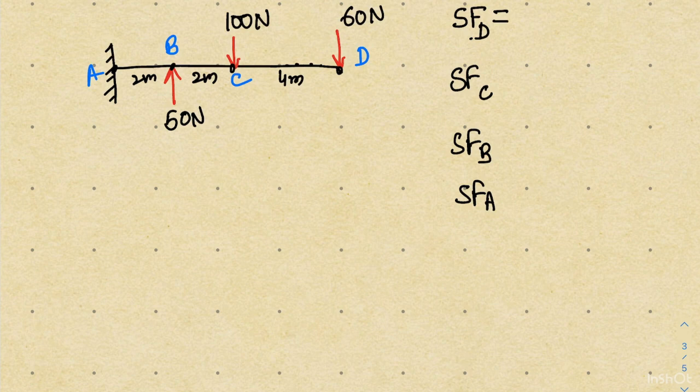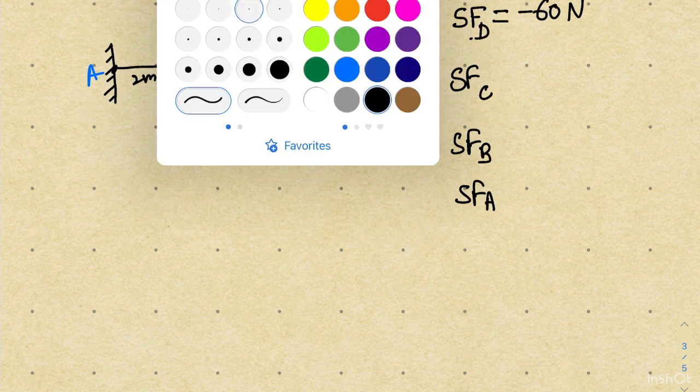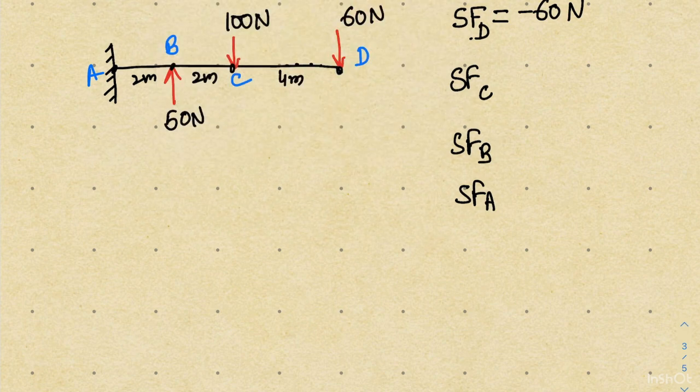So the shear force at point D will be minus 60 Newton. When I am moving from D to C, no other load is coming in my way. That means from D to C the shear force will remain constant at minus 60 Newton. We will see that when we start our shear force diagram.